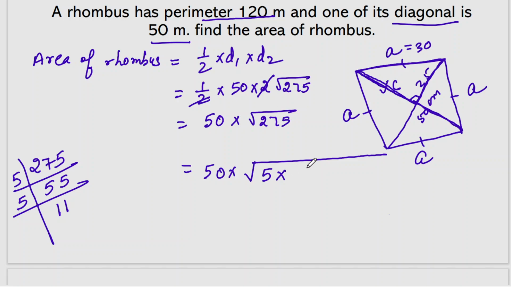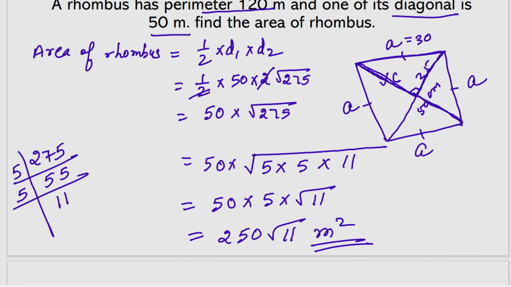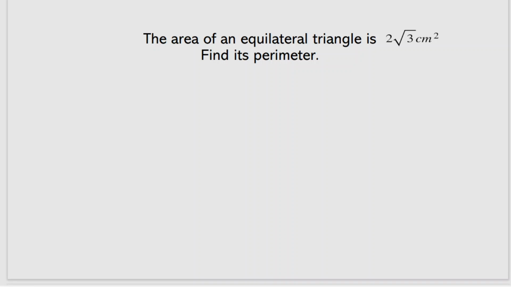So you have 5 into 5 into 11. So I can write this as 50 into 5 into root 11. So the final answer is 250 root 11 meter square. Okay. The question was lengthy, but we have discussed each and every step very well. So please note it down in your copy.